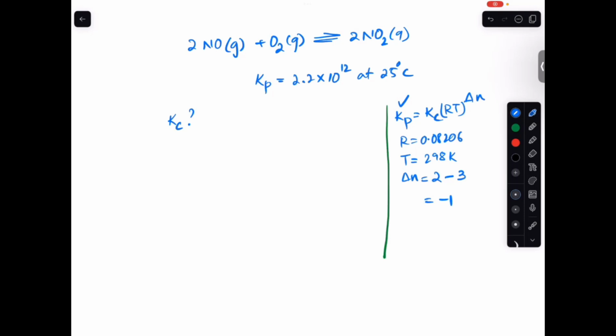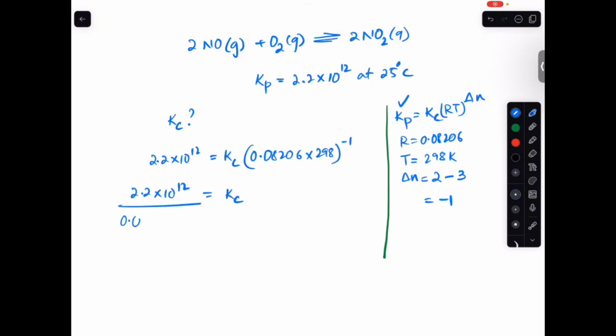So let's plug this all into this equation. So we have 2.2 times 10 to the 12 is equal to Kc times 0.08206 times 298 raised to negative 1. Or Kc is equal to 2.2 times 10 to the 12 over 0.08206 times 298.